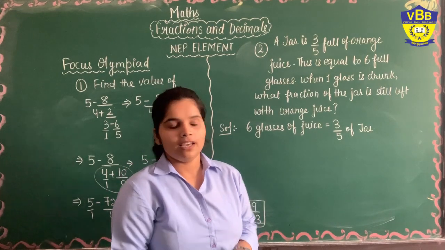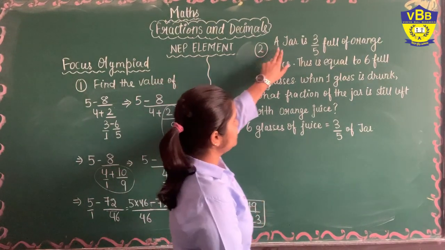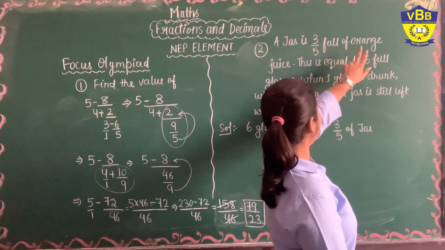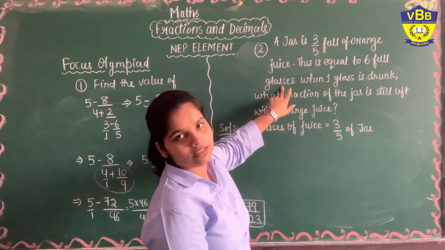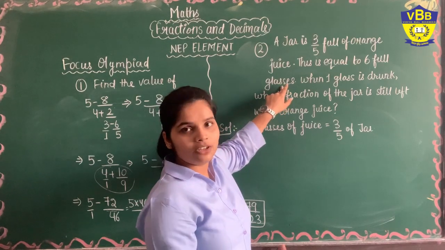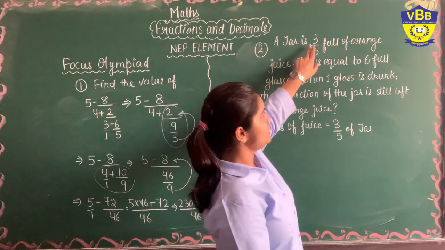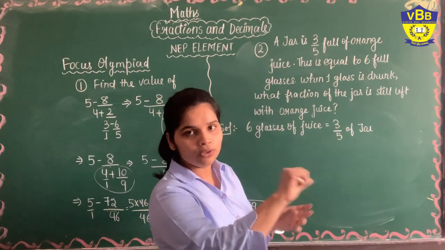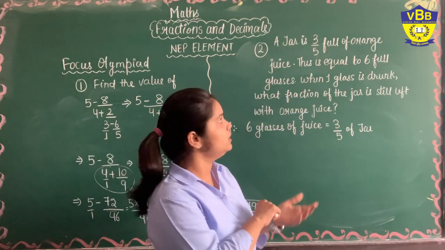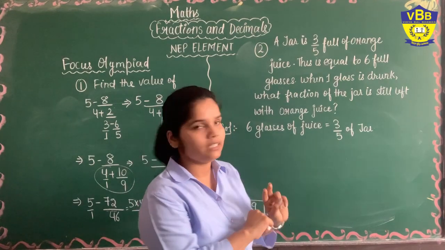So next up we have question number 2. A jar is 3 by 5 full of orange juice. This is equal to 6 full glasses. The jar is not completely filled. It is 3 by 5 full of orange juice, which equals, when you pour the juice out of the jar, 6 glasses.